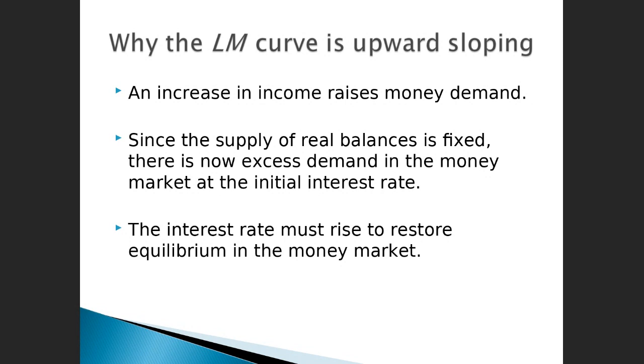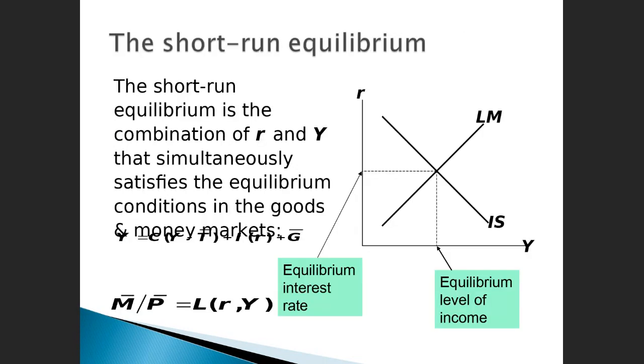And since the supply of real balances is fixed and there is now excess demand in the money market at the initial interest rate, the interest rate must rise to reach equilibrium in the money market. That's the case. Yeah, it's a good case.